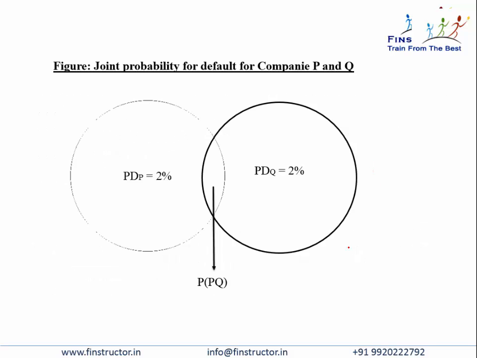So there's a 2% chance that company P can default independently, and there's a 2% chance that company Q can default independently, and there is some joint probability of default, that is, in this region both P and Q default.